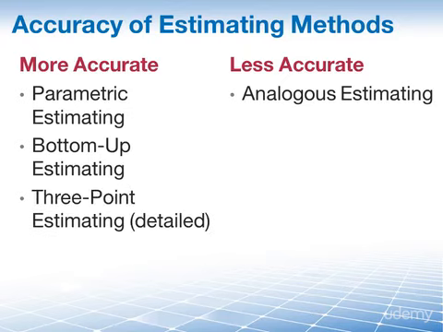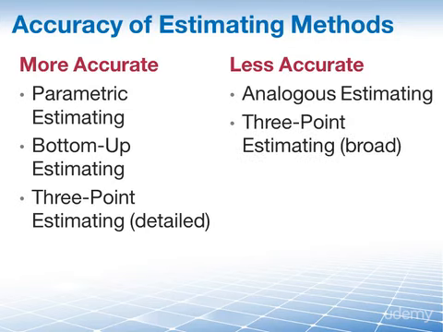And if you are detailed in these estimates, you'll get a more accurate weighted average for your three-point estimate. But if your three-point estimates are broad, you will end up with a less accurate weighted average. And this is where your estimating methods land in terms of accuracy. More accurate on the left, less accurate here on the right.